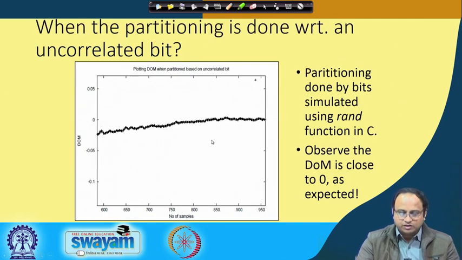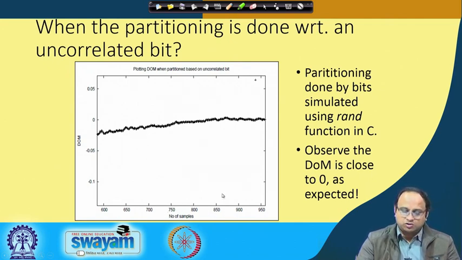So if I just partition, this partitioning has been done by the rand function, okay, which is not necessarily a great random number generator, but suppose we use that for the splitting, then you will find that the difference of mean, right, gets close to 0 as we accumulate the number of samples. Okay.